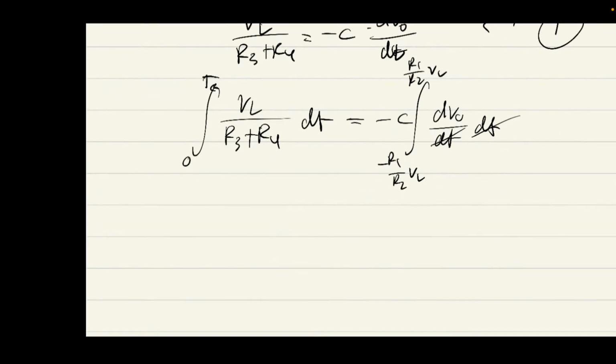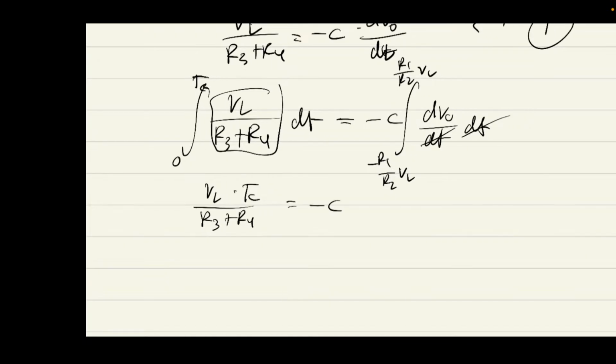Cool. Now remember, this is all just a constant, right? So this integral evaluates to VL on R3 plus R4 times TC, the time to charge. And it's equal to negative C times this one minus this one. Okay, and they're the same thing, so it's just negative, oops. So it's just, well actually positive, wait.